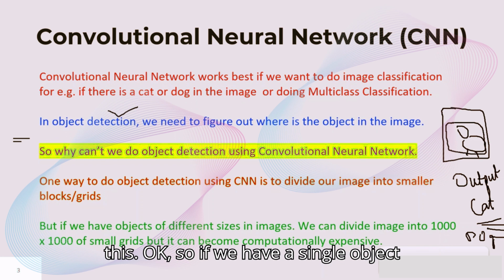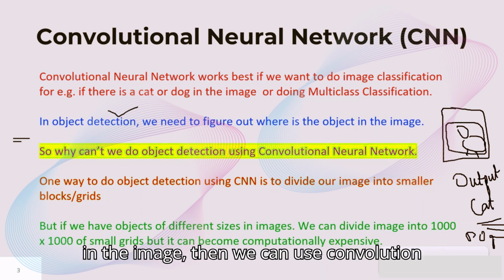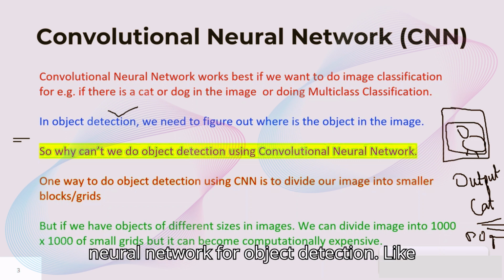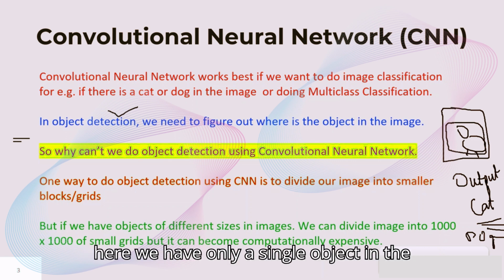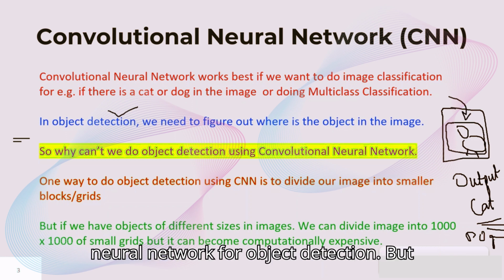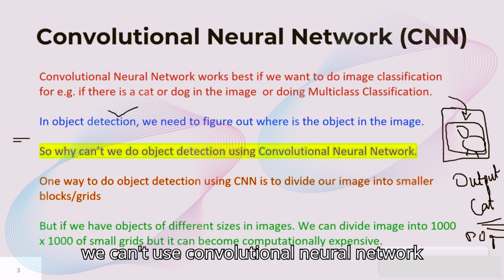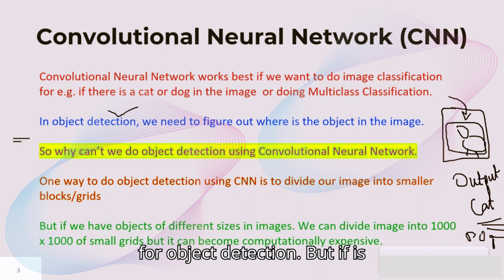Okay, so if we have a single object in the image, then we can use convolution neural network for object detection. Like here we have only a single object in the image, so we can use convolution neural network for object detection. But if we have multiple objects in the image, we can't use convolution neural network for object detection.